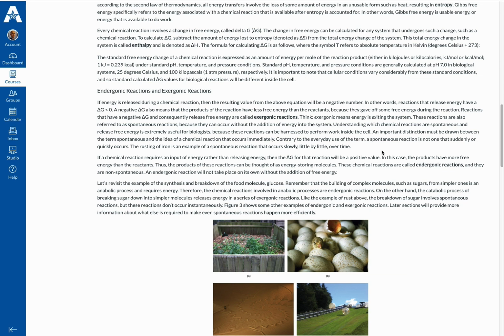Another thing to be aware of is that negative delta G reactions are spontaneous, whereas endergonic reactions, which have a delta G above 0, are not spontaneous. Think again, your room doesn't spontaneously clean itself. You have to put energy in to get it clean again.